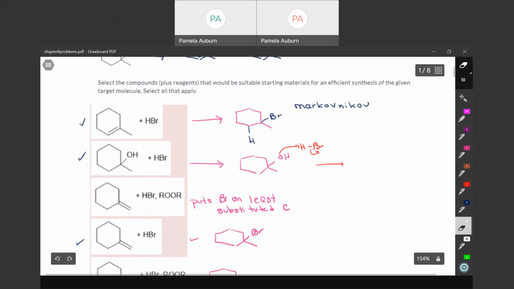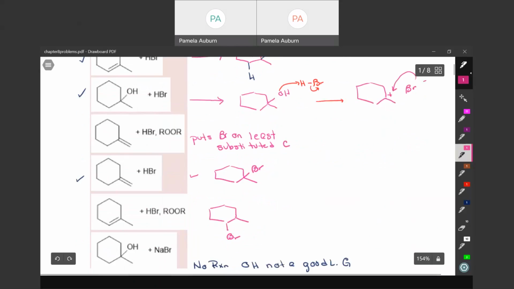So here, what's going to happen is in the first step, the HBr, which is a strong acid, is going to protonate the alcohol, making water, which is a good leaving group. So then you would get a carbocation there, and bromine would come in and attack.